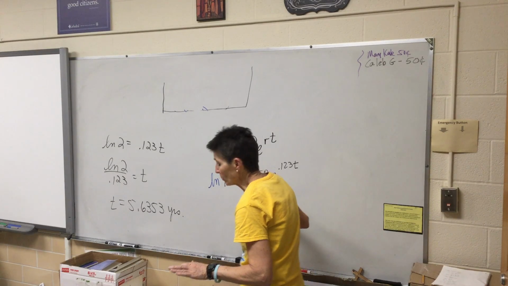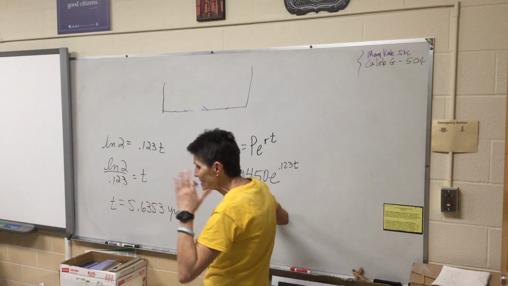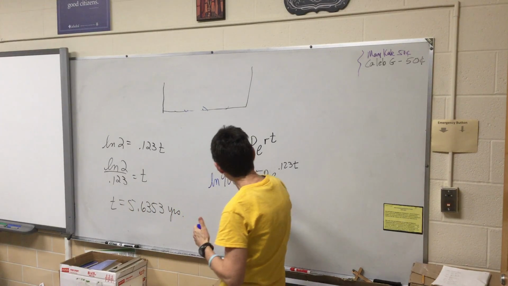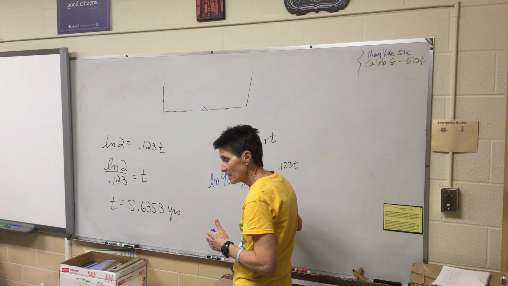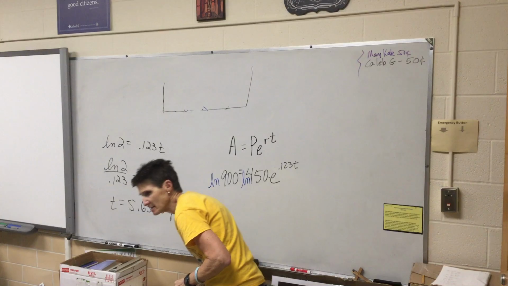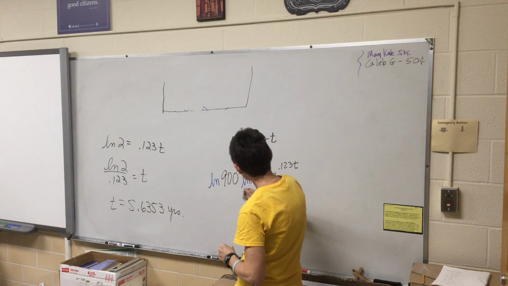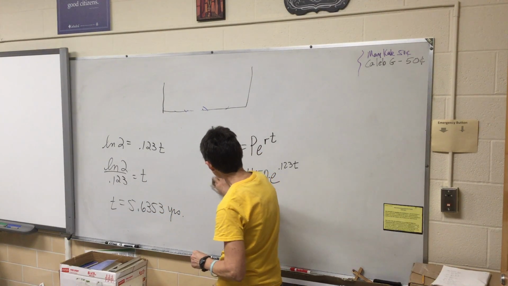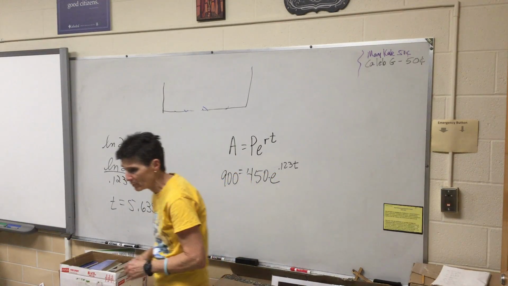They don't cancel. So maybe that will help you remember that you got to get rid of this 450 so that when you ln, the e goes away. Does that make sense? You don't want to have that 450 left in there because it's not going to work when you ln both sides.